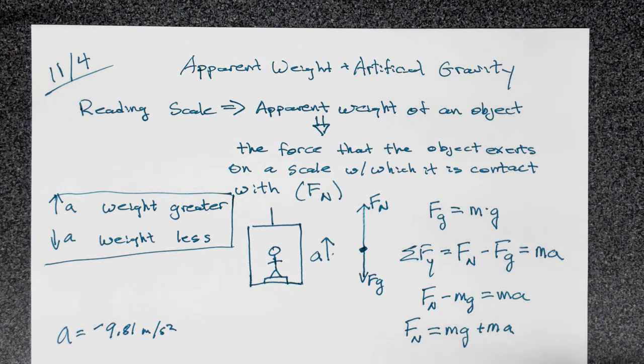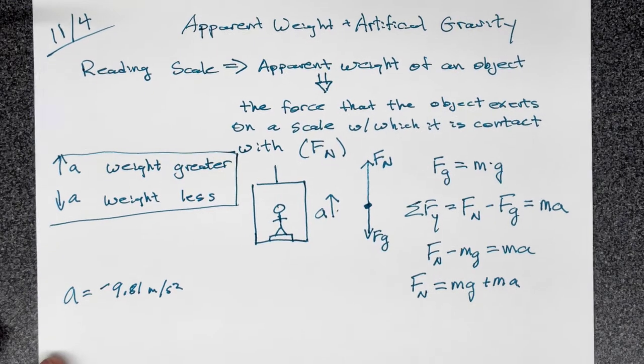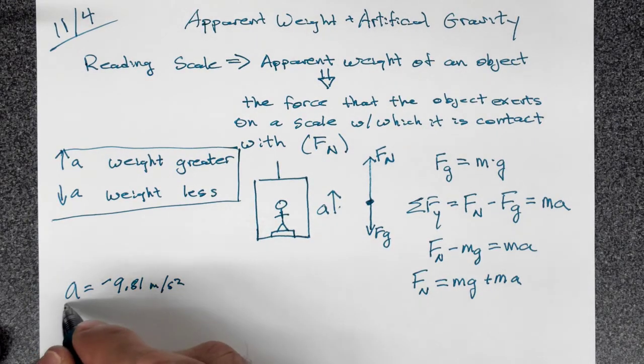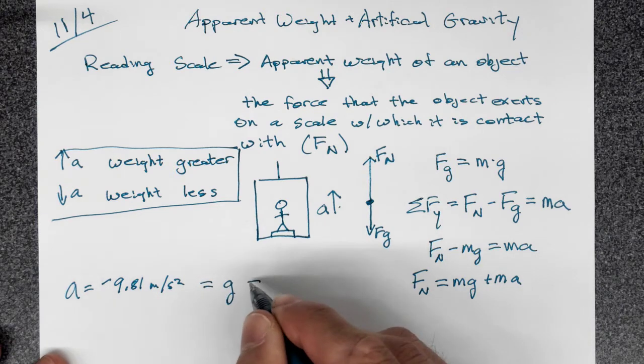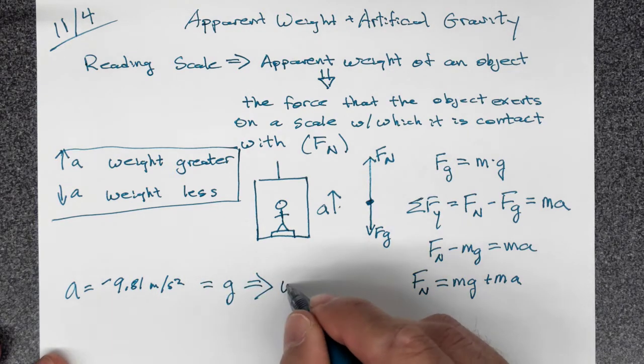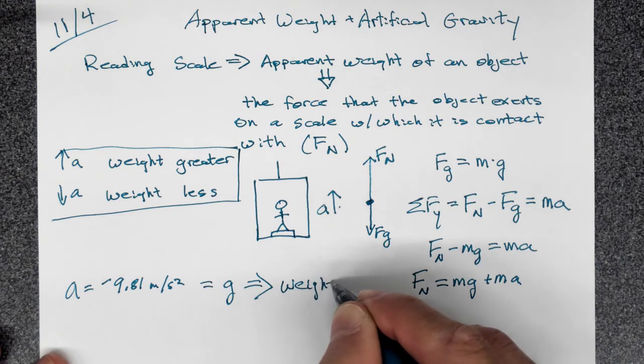Your normal force equals 0. So in the case where the acceleration is the acceleration of the actual elevator, which means the elevator essentially gets cut, the acceleration of that is equal to g. That is what we call weightlessness.